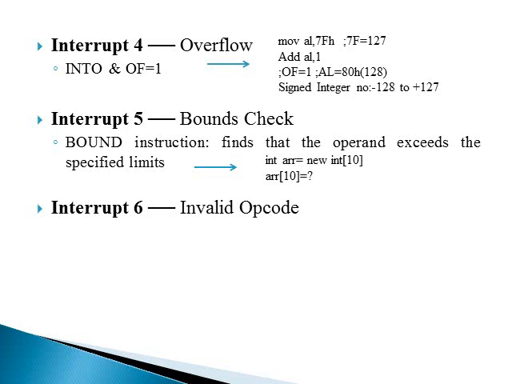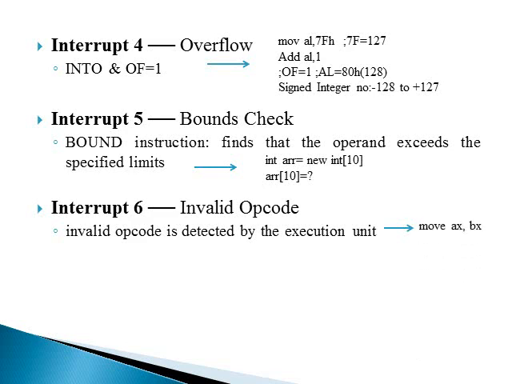Interrupt 6, which is invalid opcode. This is a fault which occurs when an invalid opcode is detected by the execution unit. The point to be noted here is that this exception is not detected until an attempt is made to execute the invalid opcode. It means that prefetching an invalid opcode does not cause this exception, but it is caused whenever the instruction is executed.